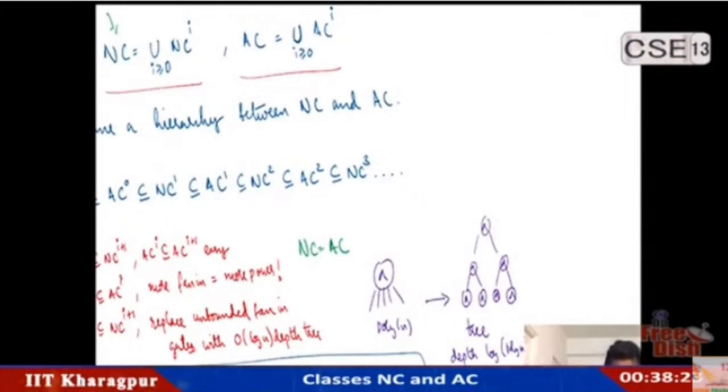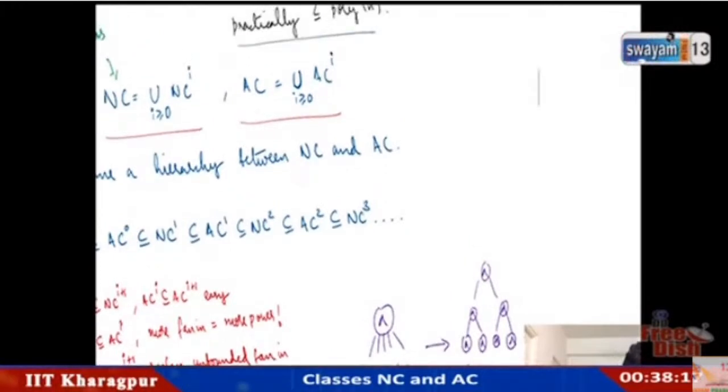And since we have this nice relation, it also turns out that these two classes defined above, NC and AC, are virtually the same thing, because if it is an NC^i, then it is an AC^i as well. If it is an AC^i, it's an NC^(i+1). So when you take the infinite union, they are both the same. So basically NC is actually equal to AC, right?